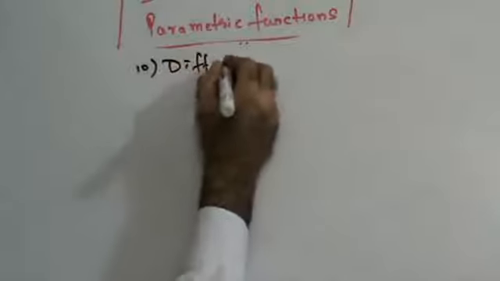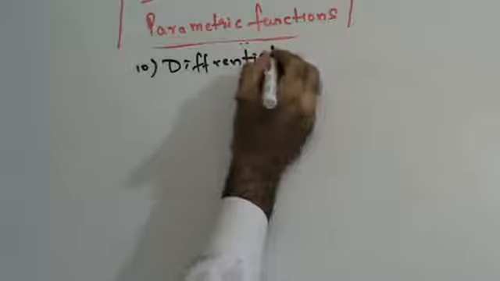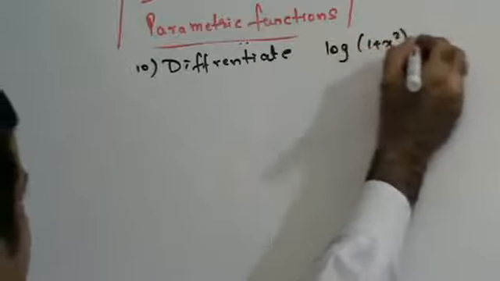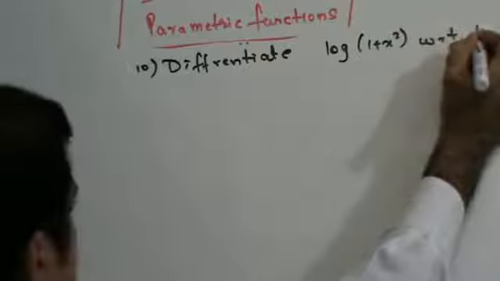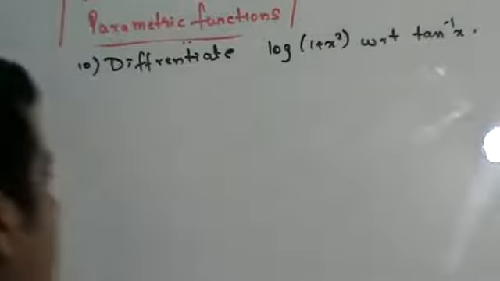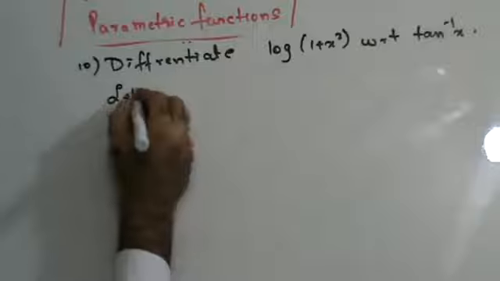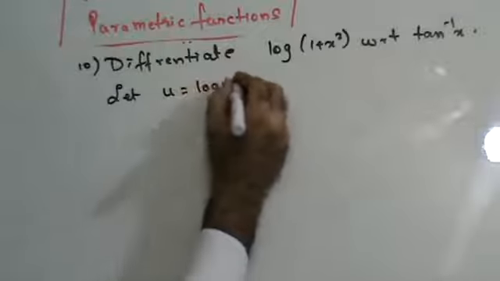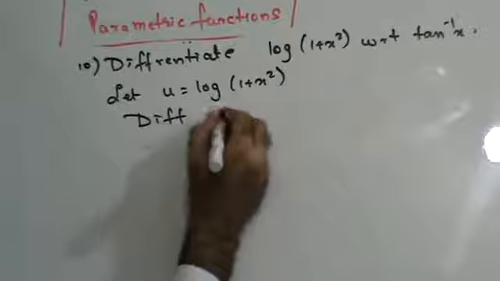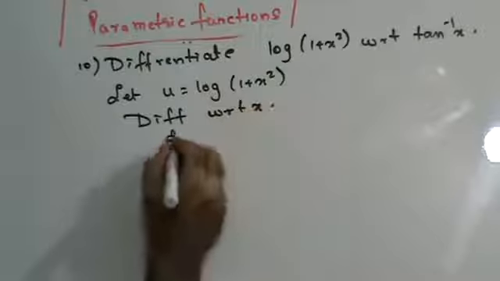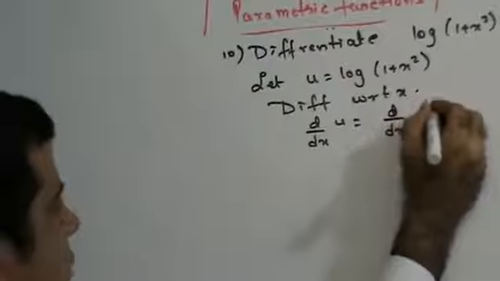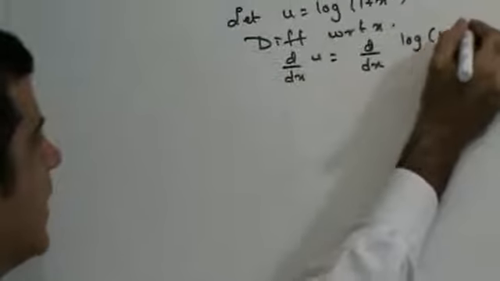Differentiate log of 1 plus x square with respect to tan inverse of x. Similar to the previous sum, you will say let u be equal to log of 1 plus x square, differentiate with respect to x. So you will get d by dx of u is d by dx of log of 1 plus x square.